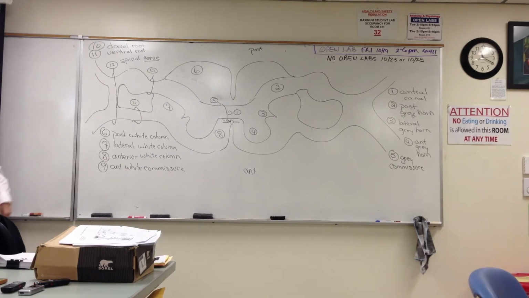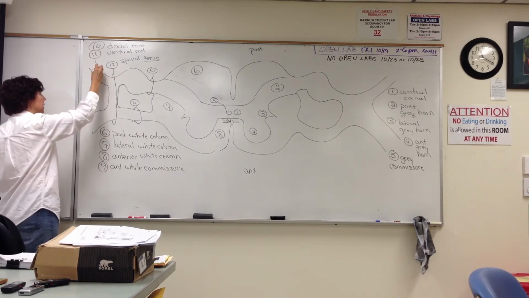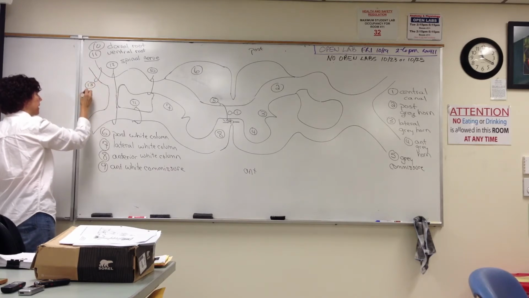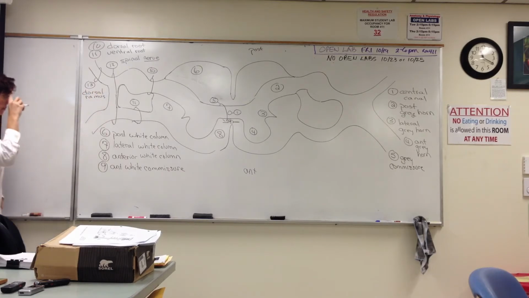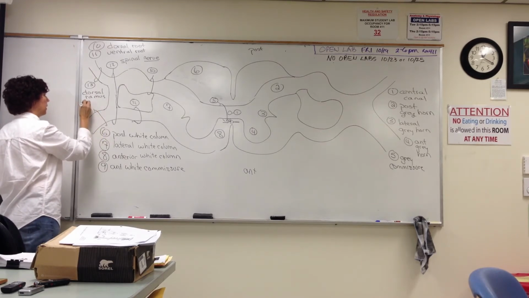So the two branches of the spinal nerve are known as rami. So this would be the dorsal ramus, smaller branch. And this would be the ventral ramus.